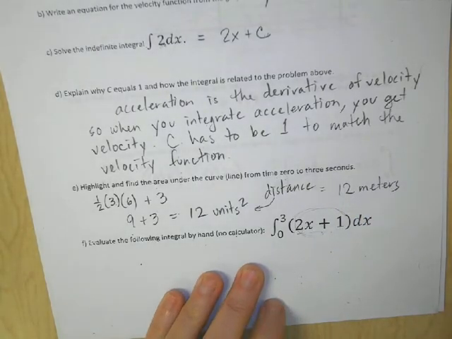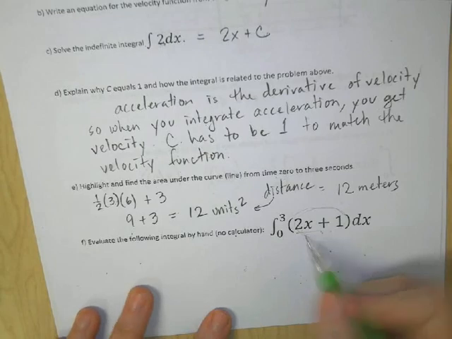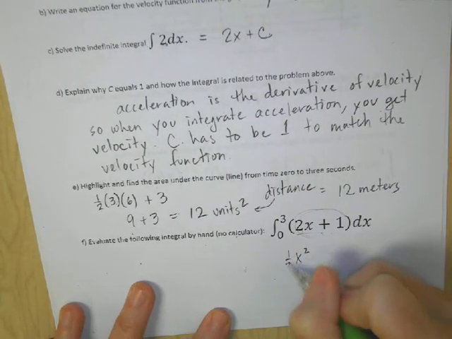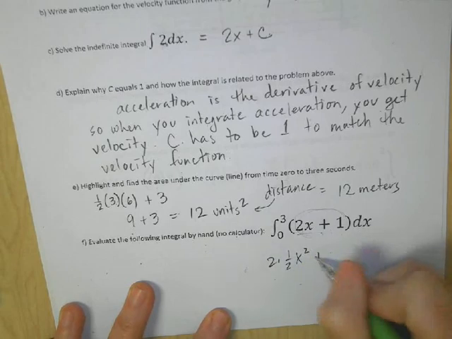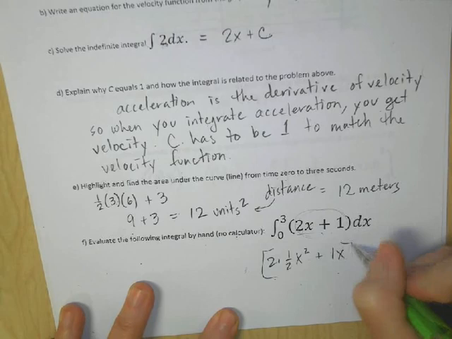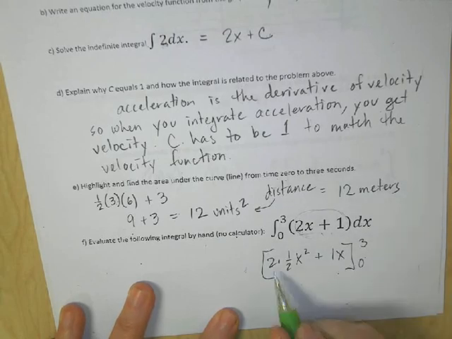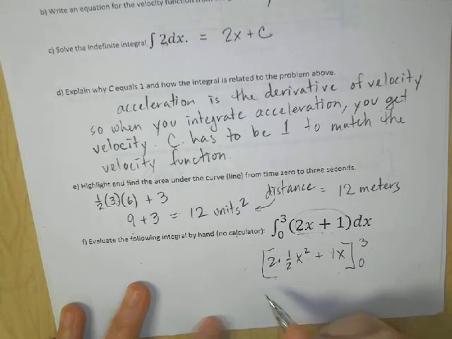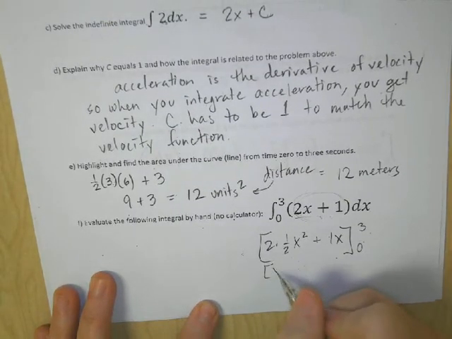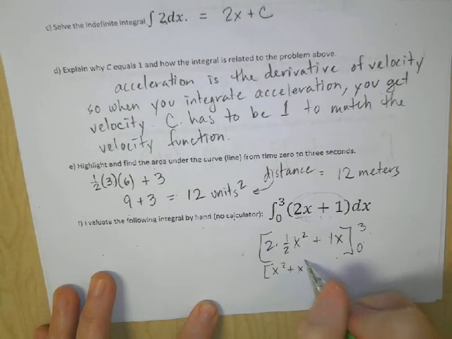All right, so let's see what happens if I integrate the velocity function by hand. This would be x squared times 1/2 times 2 plus 1x. And then I need to integrate it from 0 to 3. Okay, 2 times 1/2 is just 1, I should have written this over here, I'm running out of room. This just gives me x squared plus x from 0 to 3.